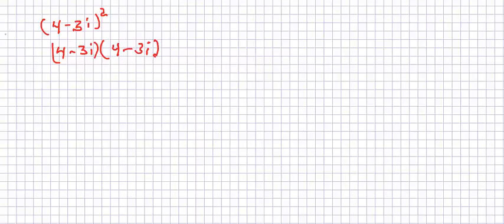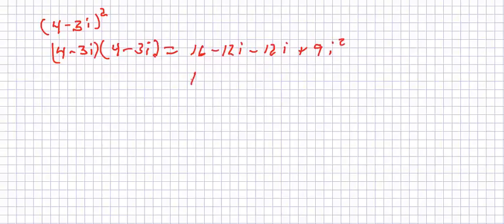When it's a binomial squared or a complex number squared, write it out, and we end up with 16, 4 times 4, 4 times 3 minus 12i, minus 12i, plus negative times negative, positive 9i squared.